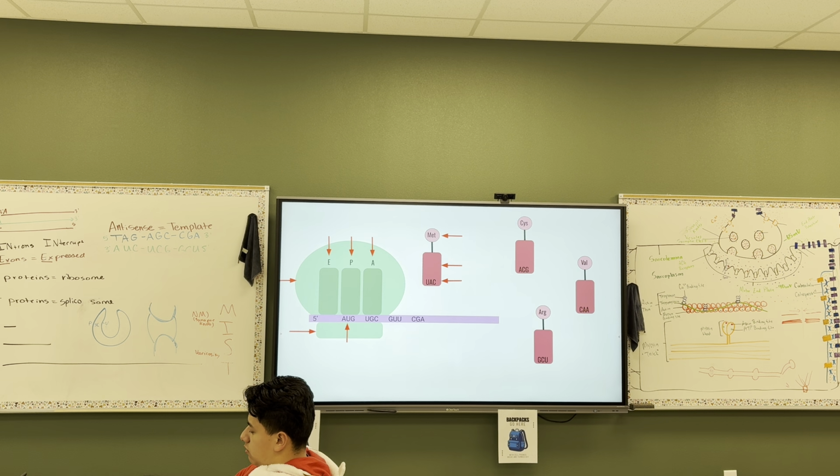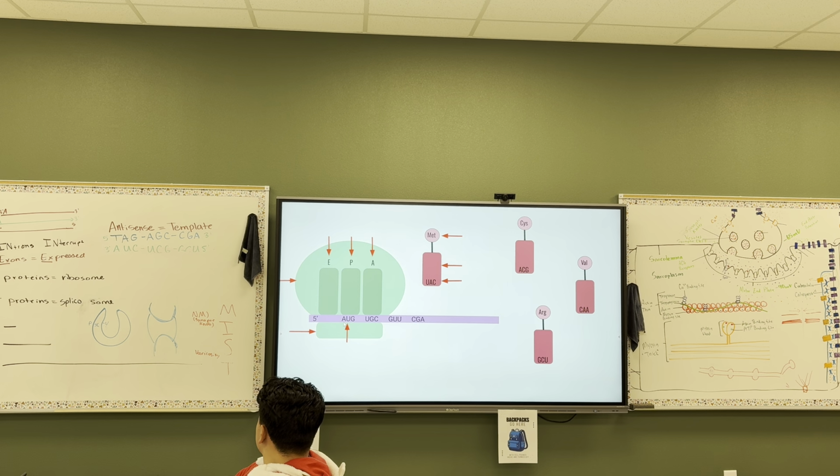What is the second step? The ribosome reads the codon and matches up the corresponding letters, but instead of saying corresponding letters every time, we call them the anticodon. One more time. The ribosome reads the codon and matches up the corresponding bases, but instead of saying corresponding bases, we can just say the anticodon.